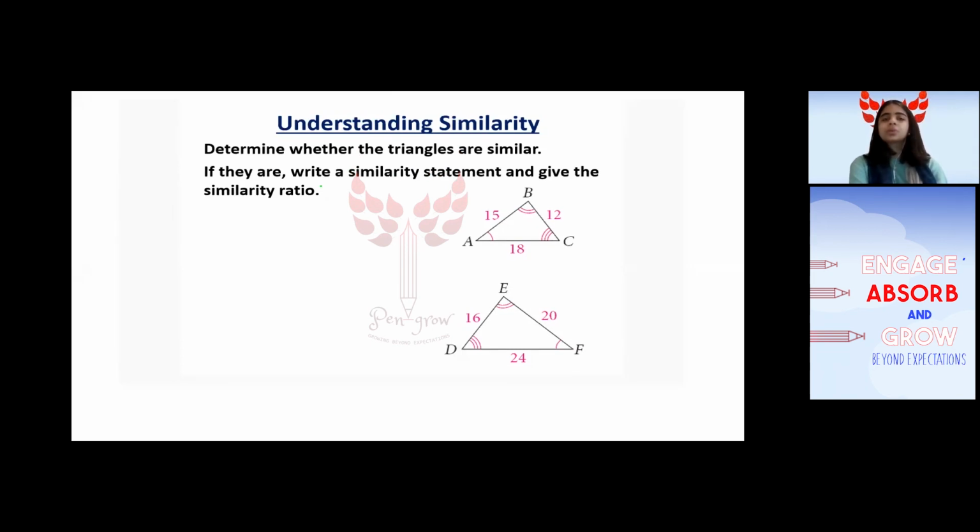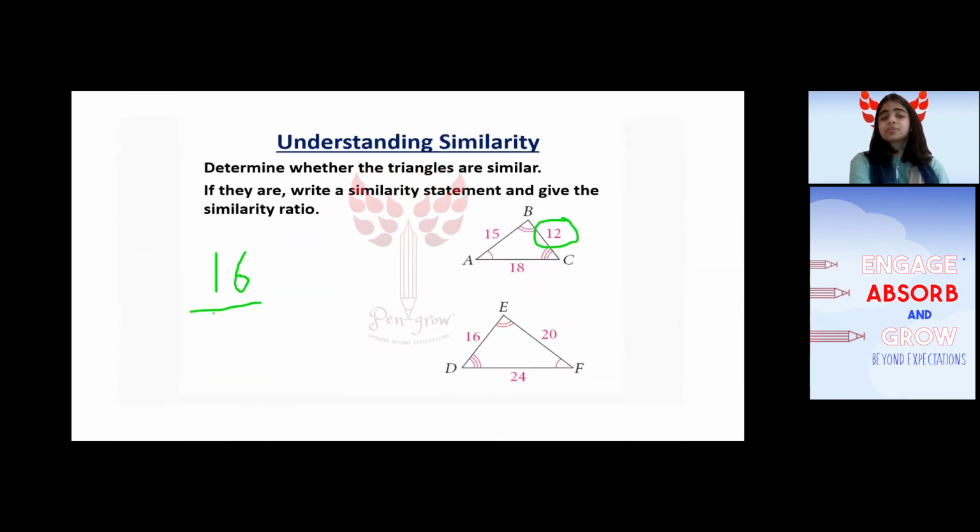All right, so here, what do we see basically? So let's check, this is 12. And this is 16. So 16 upon 12. Now 16 upon 12 is not a compulsion. You could have written 12 upon 16.